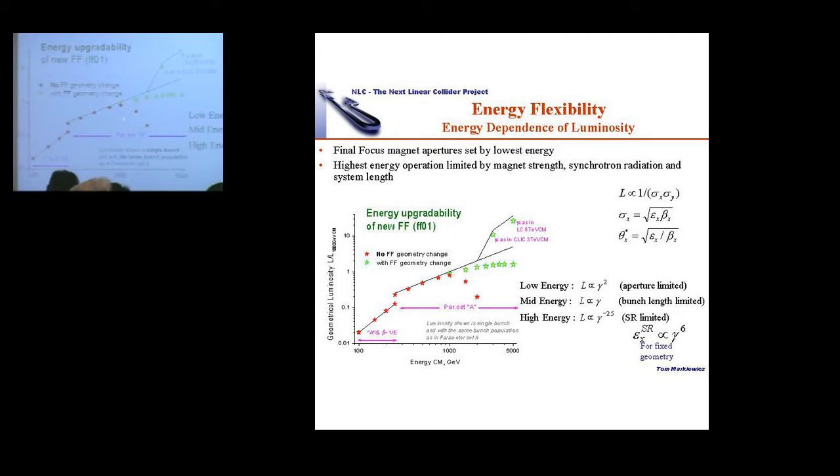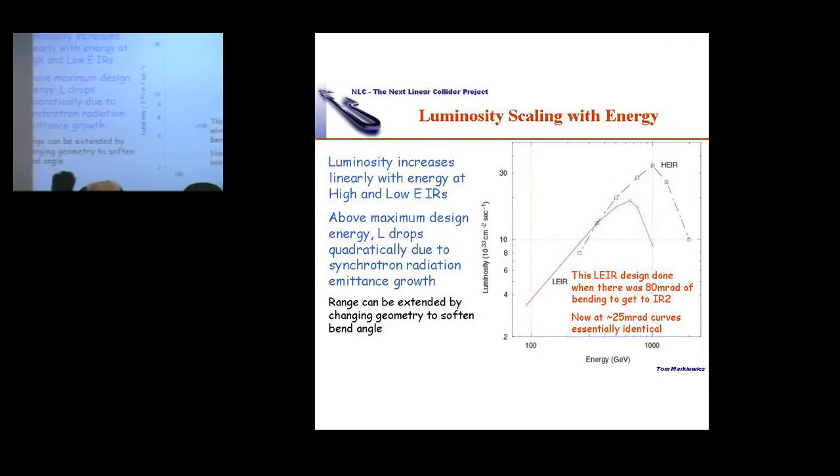If you have a hard tunnel that's been dug into the granite, and you can't take it out, things will fall off more quickly, and clearly it will fall off more rapidly the higher that angle is. At the low end of the spectrum, you'll typically be building your magnets with a certain size aperture. Once the beam has such a low energy that the beam size has gotten too big, you run into an aperture limit, and the thing falls like E squared. So this is just another way of seeing that.